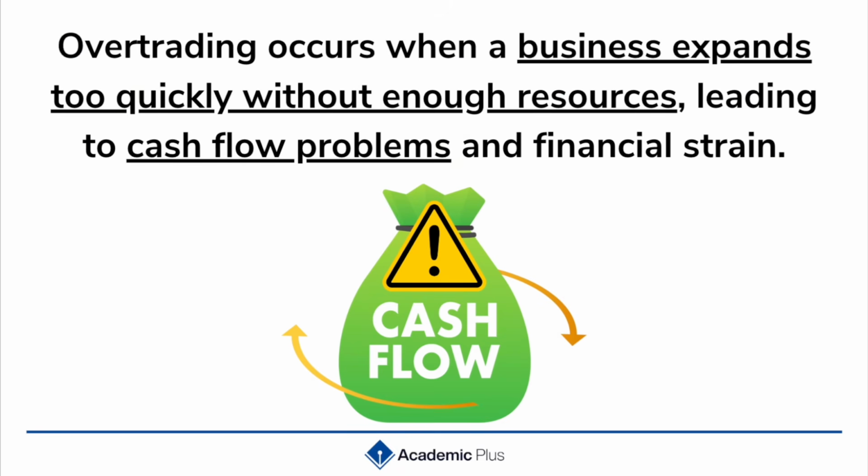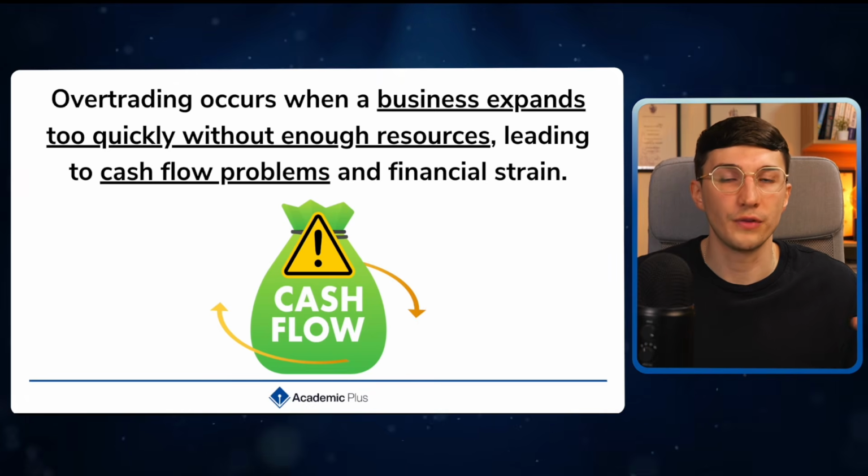Now, essentially, overtrading occurs when a business expands too quickly without enough resources to support this, typically leading to cash flow problems and financial strain. Now, overtrading is likely to occur if the business doesn't have enough capital. Maybe we're underfunded. Maybe we've not looked at those sources of finance. We also may be giving our customers too long of a credit period.